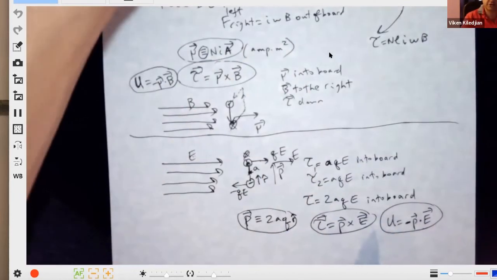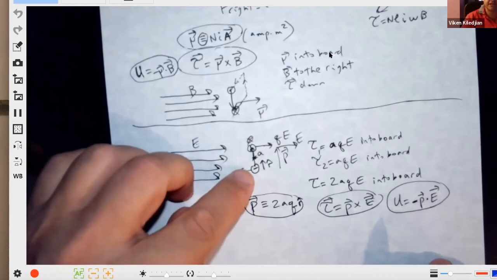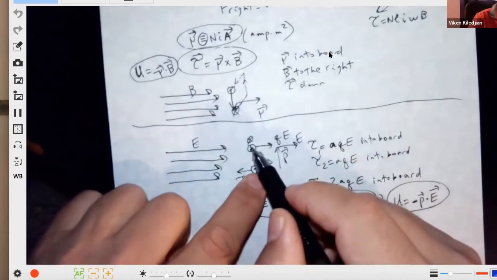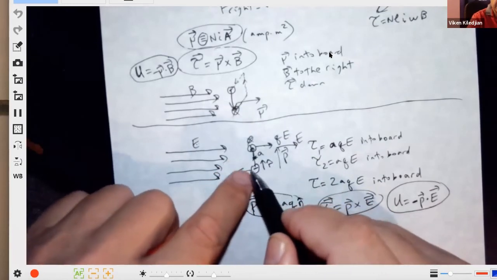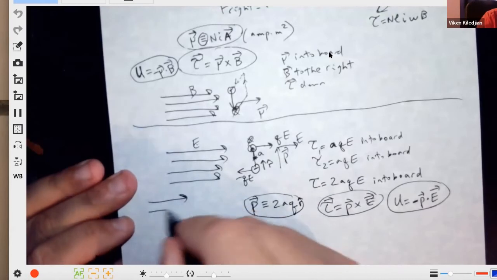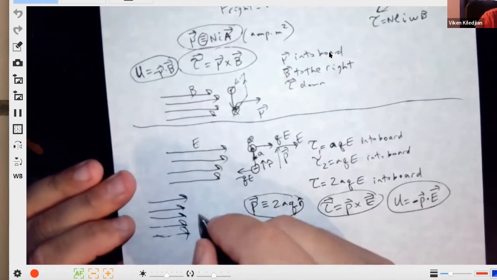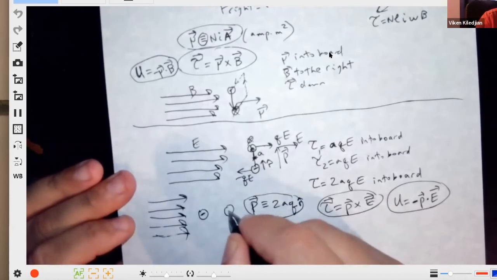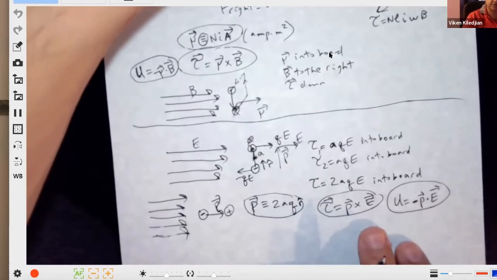Okay, so now what's going to happen to this charge? What is its preferred alignment? This charge is going to be spinning this way, and this charge is going to be spinning this way, so the final alignment should look like this. Like that.